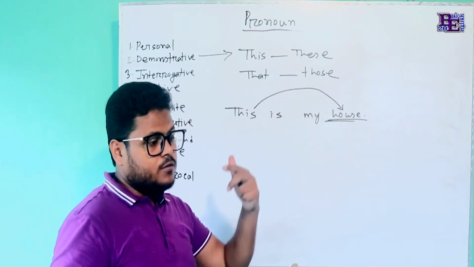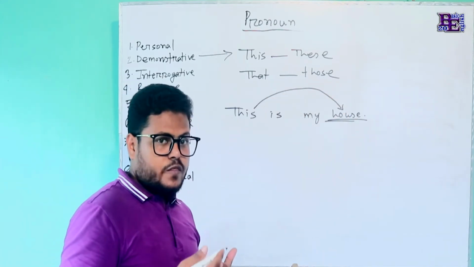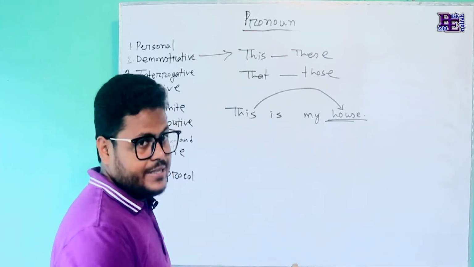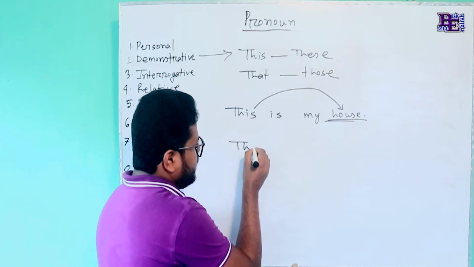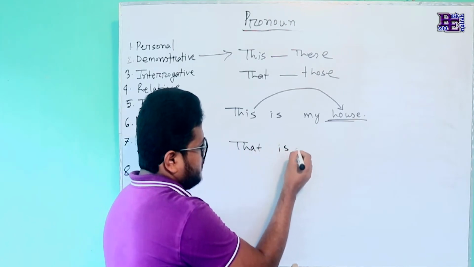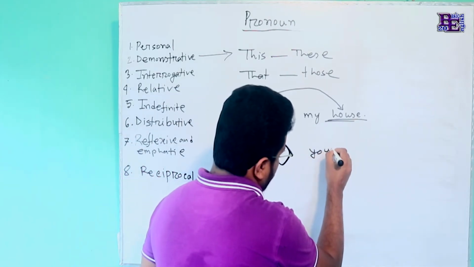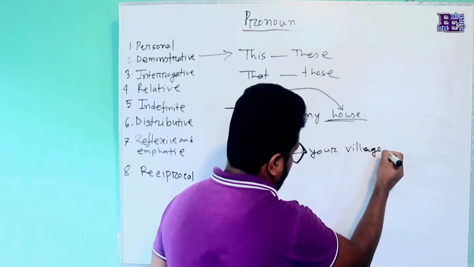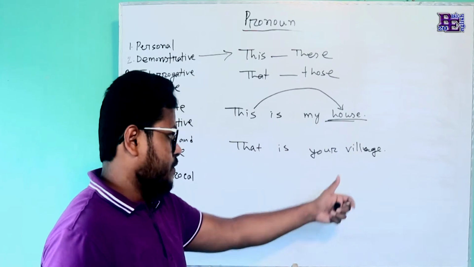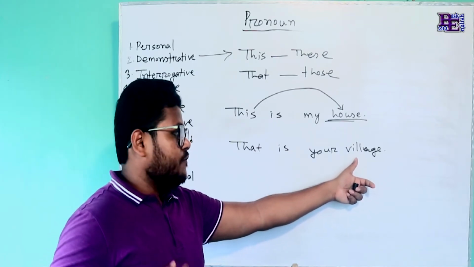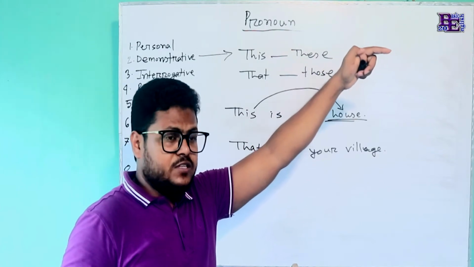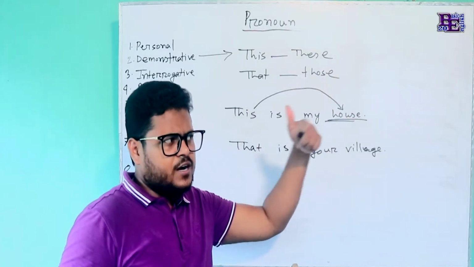Okay, so if you like to refer to a thing that is staying away or far away, then you can use that, like this: That is your village. Okay, you are not near the village, you are far away from the village, but you can say that is your village. That means you are referring to a thing that is far away.